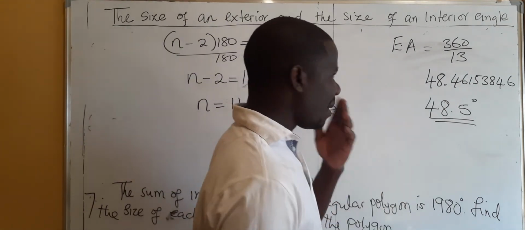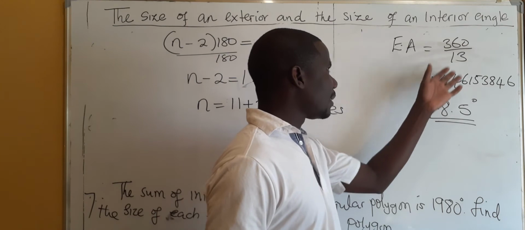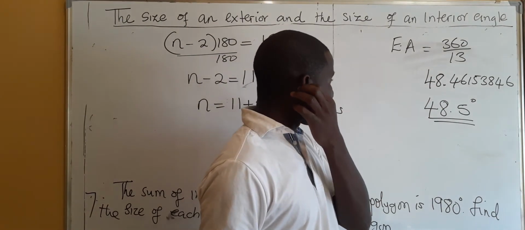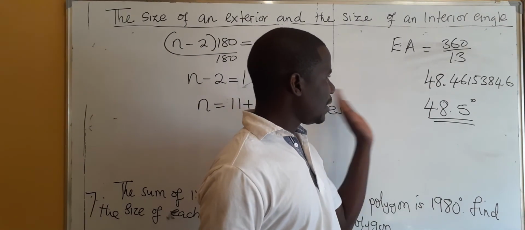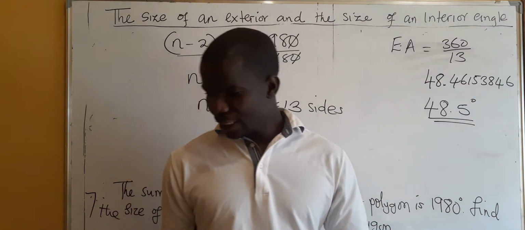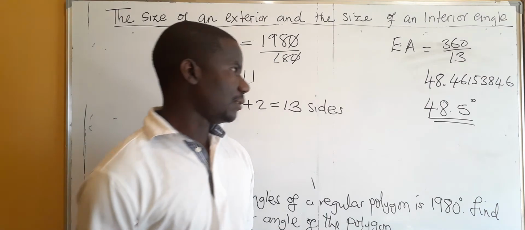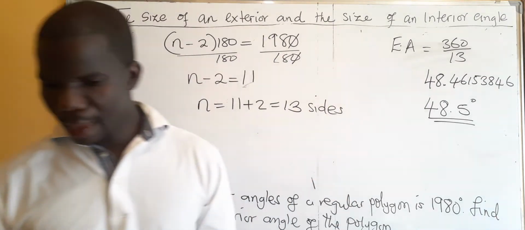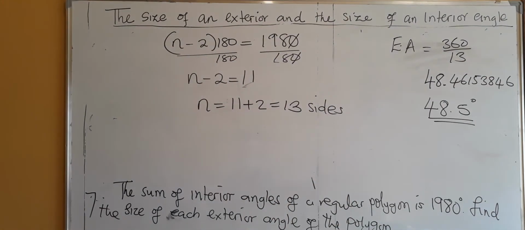But in an exam, I'm very sure that they would give you something that doesn't require a decimal. And if it does show up, then you may need to leave your answer as a mixed number.